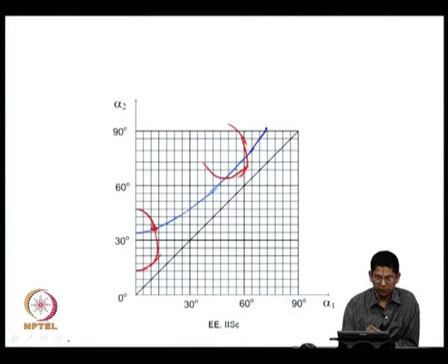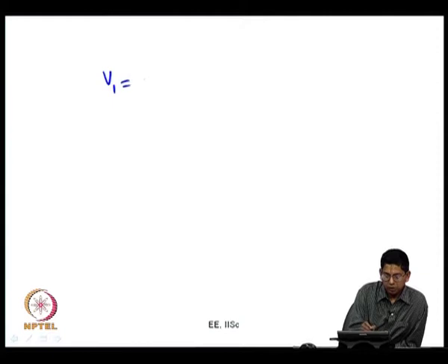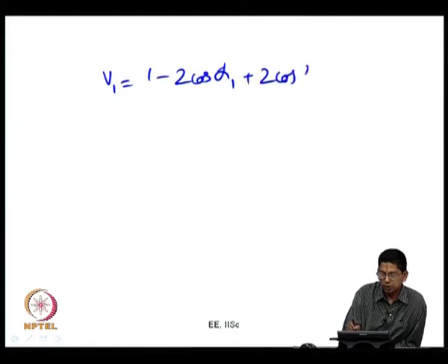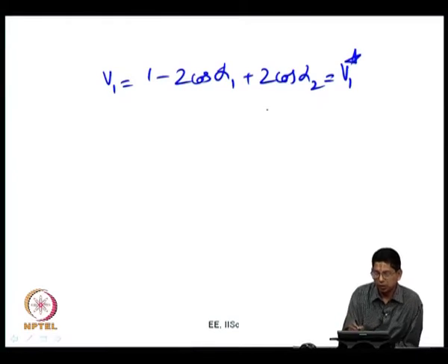So, now let me say I have V1 is 1 minus 2 cos alpha 1 plus 2 cos alpha 2, and there is another cos alpha 3 also here, equal to V1 star. This is my desired voltage.